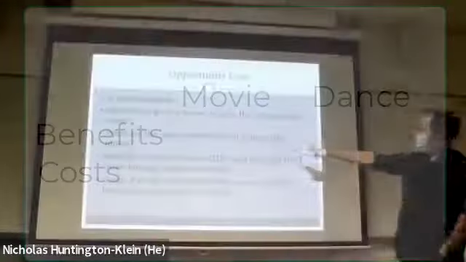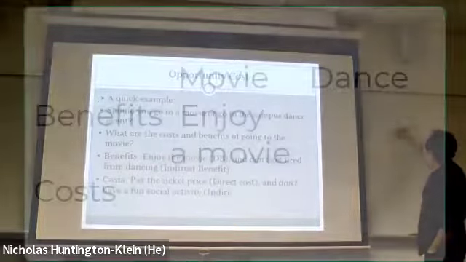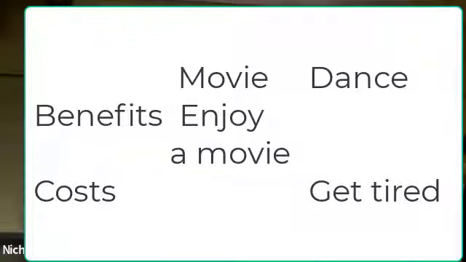So the costs and benefits of going to the movie, well, we get to enjoy a movie. All right. Now, we don't get tired from dancing or whatever those negative consequences are, perhaps a hangover if we're having a really good time. And so we can think of that, that's a cost of going to the dance, right? Tired from dancing, right?